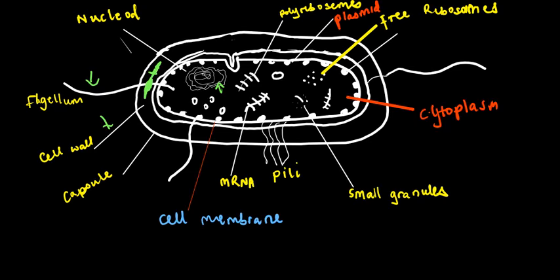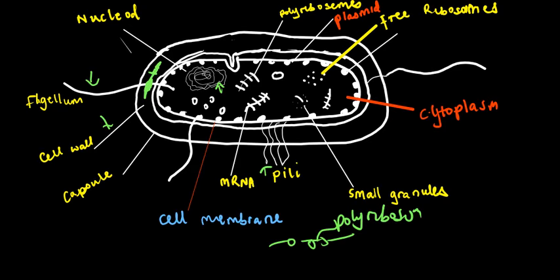Then this that you see here is pili. Then you have the mRNA, which is also genetic material, as well as the polyribosomes. Polyribosomes because it's a long chain of ribosomes attached, hence that's where the name comes from.